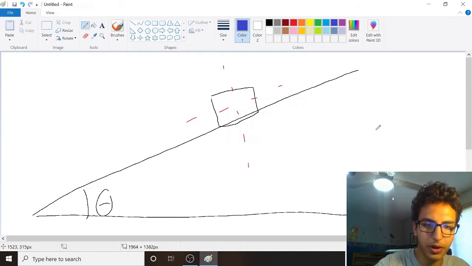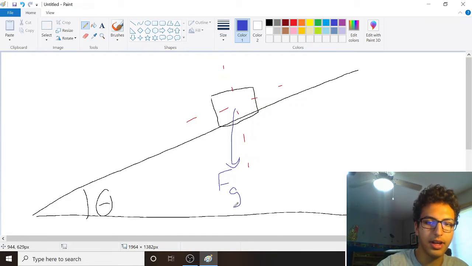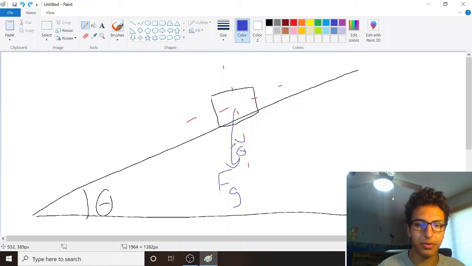What do we know? We know if we go straight down, that's gravity, force due to gravity. And we know this angle theta here is equal to this one. Okay, and there's a geometric proof with triangle similarity to go through that with this triangle and that triangle, but I won't get into that.